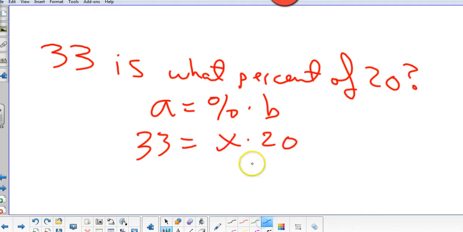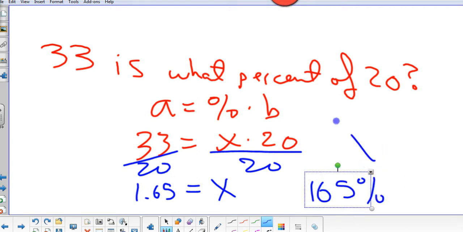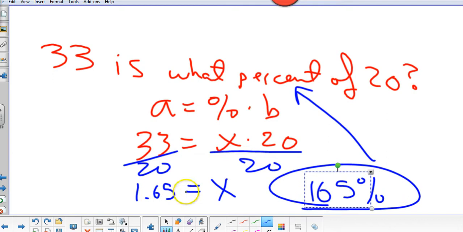To solve it, I would divide both sides by 20. So I get 33 divided by 20, which is 1.65. Now, when I'm solving the percent equation for percent, I'm dealing with a decimal, 1.65. I must at the end change it to a percent, because that's what it's asking me. So it would be 165%. Move the decimal two places.